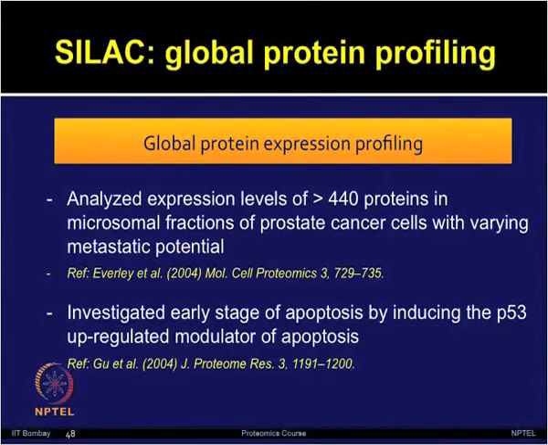So, a study by Everly et al. in 2004 analyzed the expression level of more than 440 proteins in the microsomal fractions of prostate cancer cells with varying metastatic potential. Another study by Gu et al. investigated the early stage of apoptosis by inducing the p53 upregulated modulator of apoptosis.